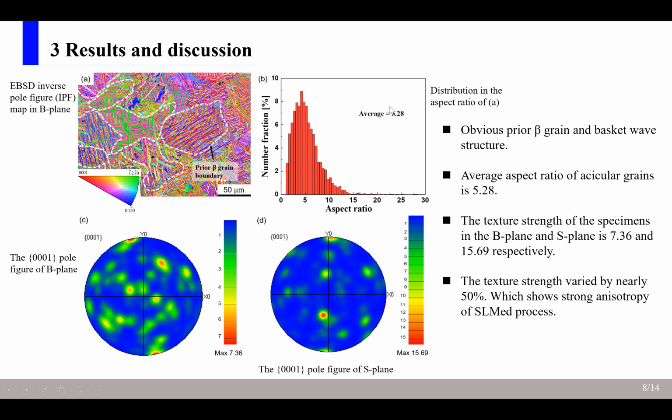The average aspect ratio of acicular grains is 8.28. The texture strength of the B plane and S plane varied by nearly 50%. This indicates that there are more lattices with similar orientations in the B plane. The OM and EBSD images for samples B and S show significant anisotropy of the SLM process.